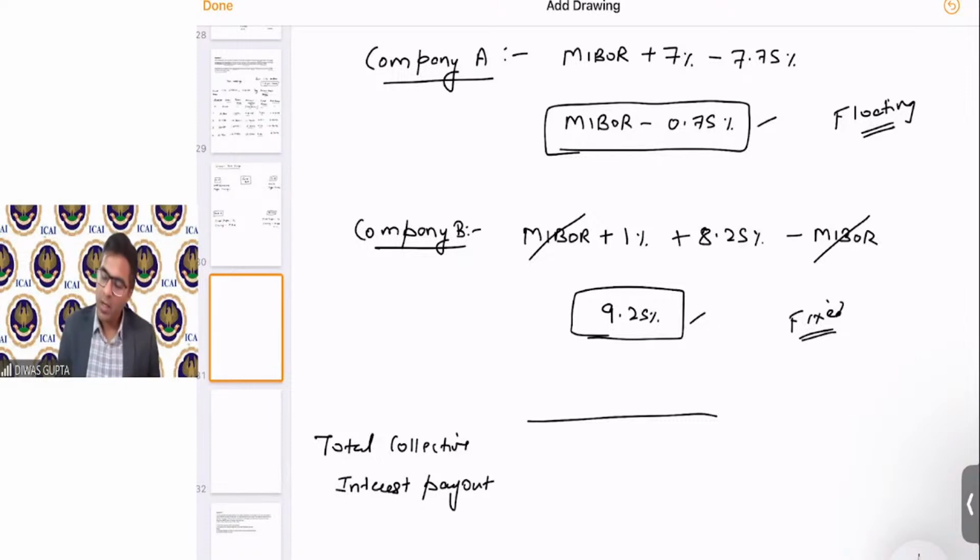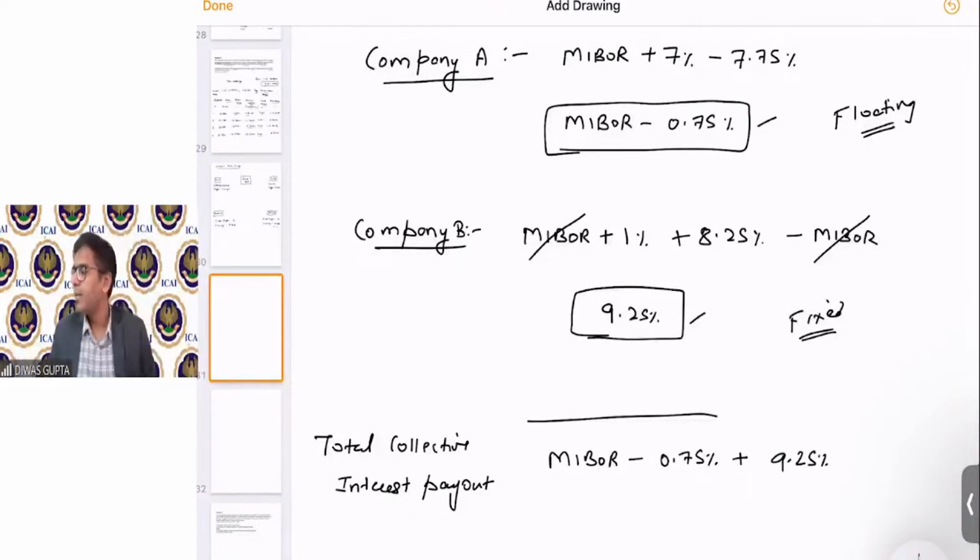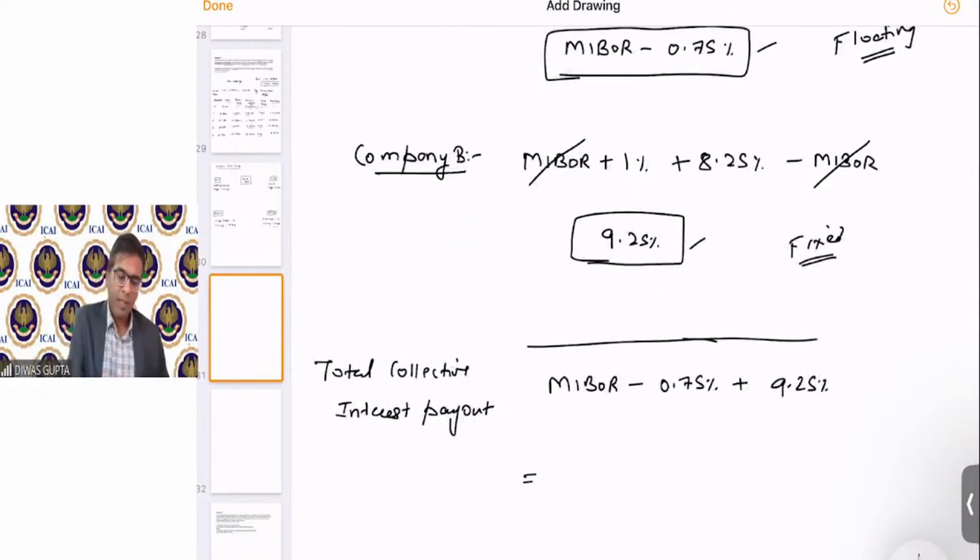The total collective interest payout is actually MIBOR minus 0.75% plus 9.25%. So if we solve this, it becomes MIBOR plus 9.25 minus 0.75, which is MIBOR plus 8.5 percentage, correct? It becomes this much.